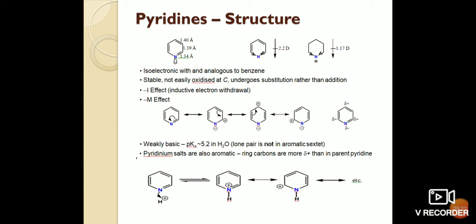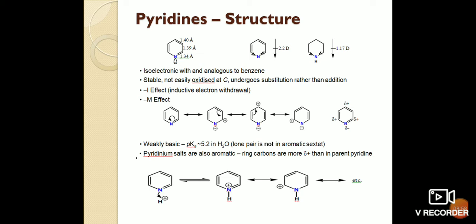It is a weak base with pKa of approximately 5.2 in water. That is, the lone pair is not in the aromatic sextet. This is an important feature to be noticed, that the 6 pi electrons or the aromatic sextet is due to the atoms which are present in the ring, and the lone pair does not involve in the aromatic sextet.